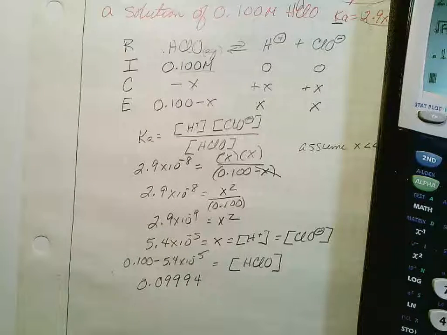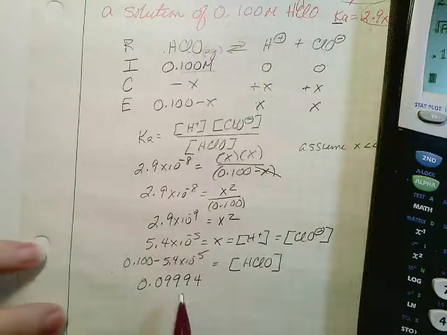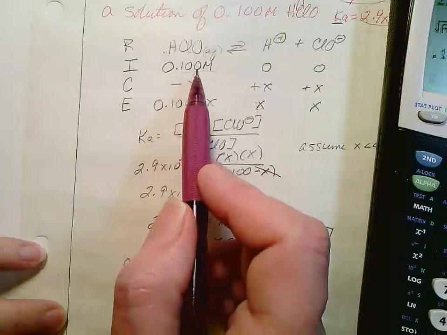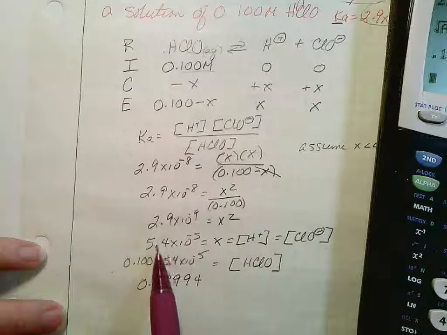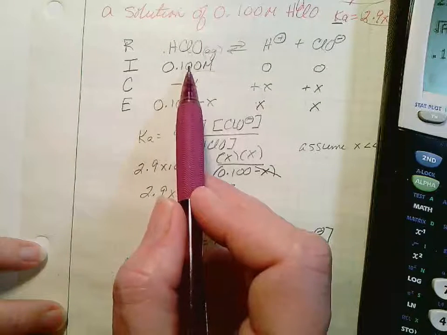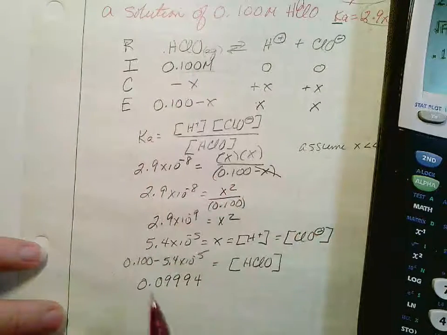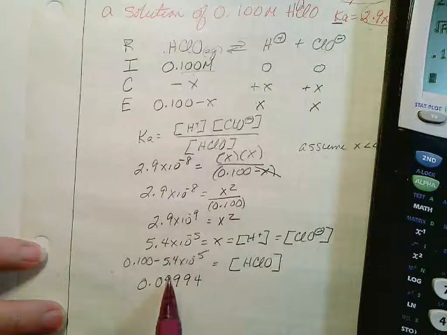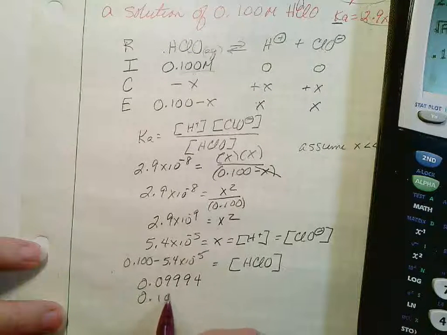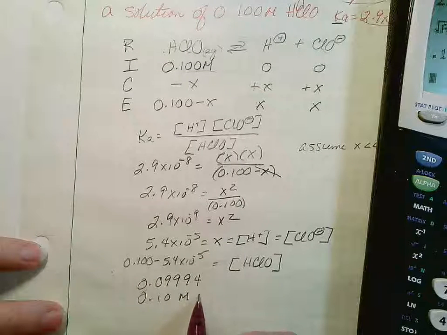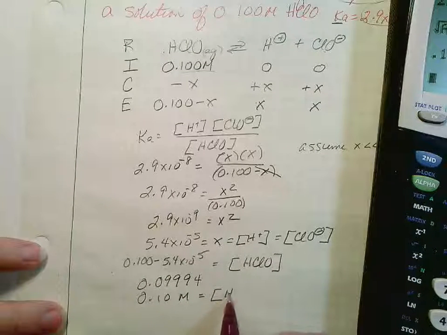Now, we are going to round this not to the thousandths place because this number we only know to 2 places, so we're going to round it to the hundredths place. So that's going to be 0.10 molar equals the concentration of what's left of our original acid.